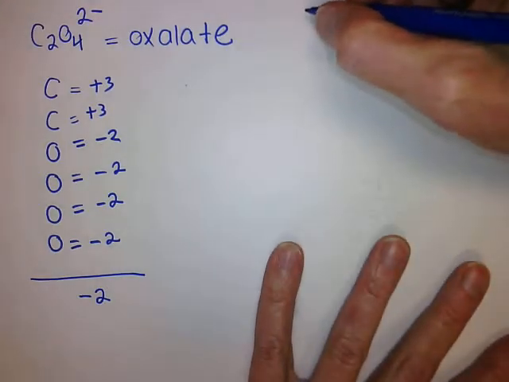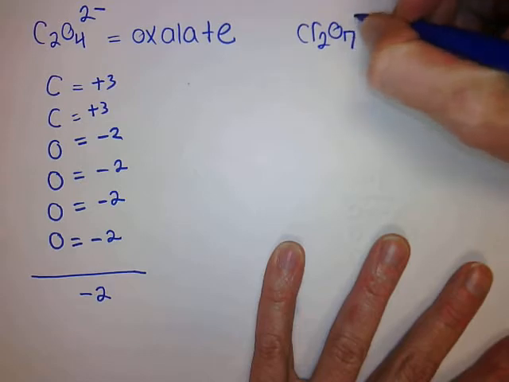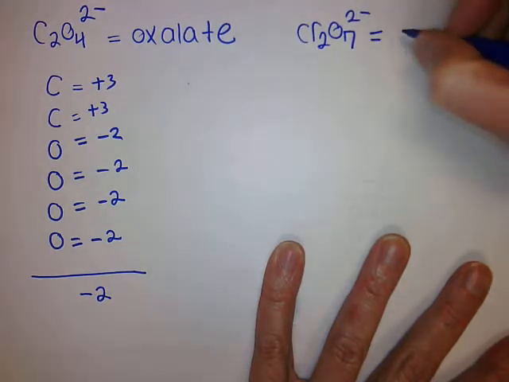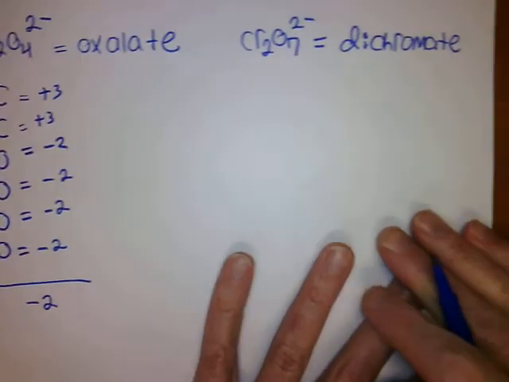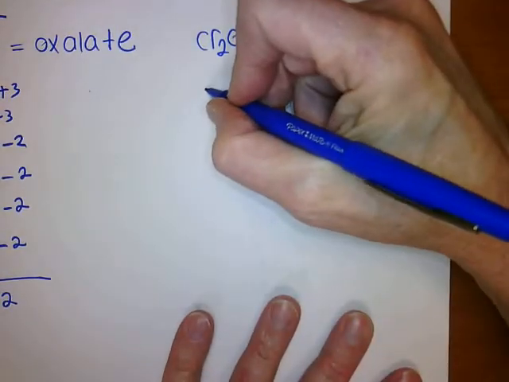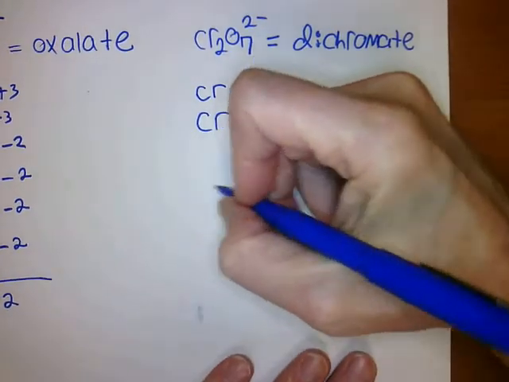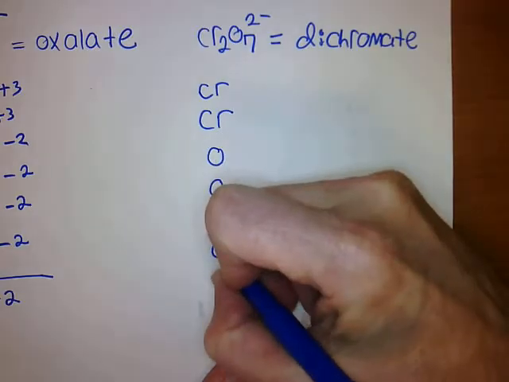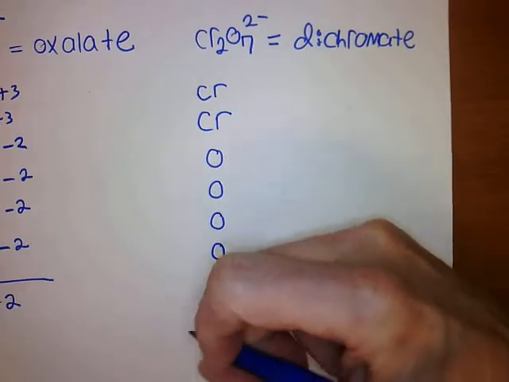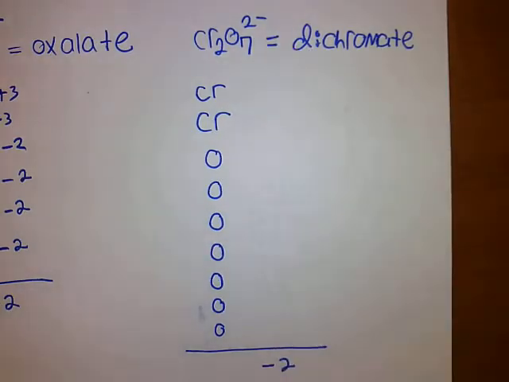Or similarly, if you look at something like dichromate, that's dichromate. So we have 2 chromiums, and now we have a whole lot of oxygens. We have 7 of them. But it all still has to add up to -2.